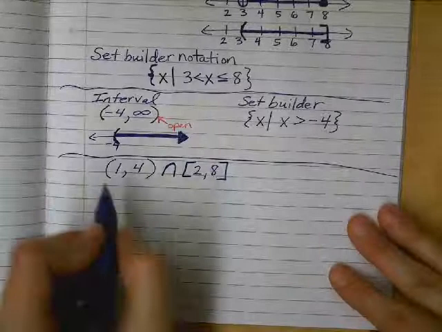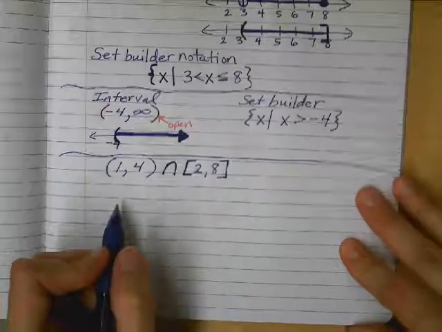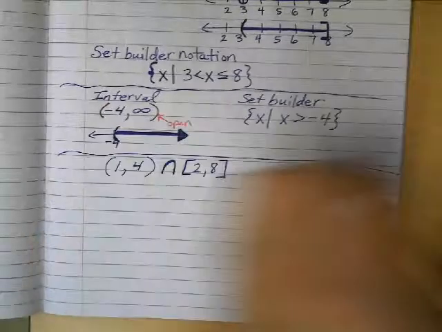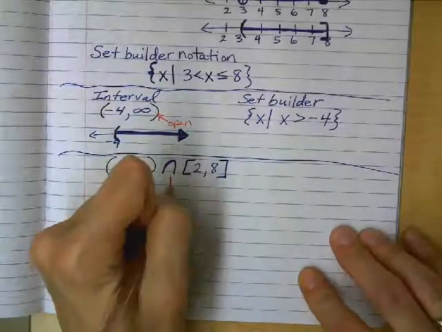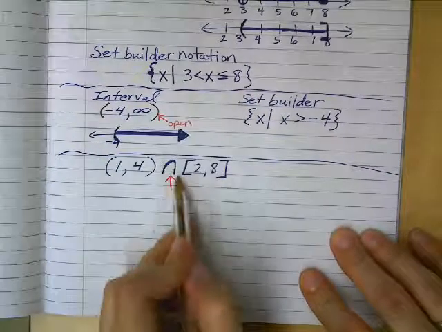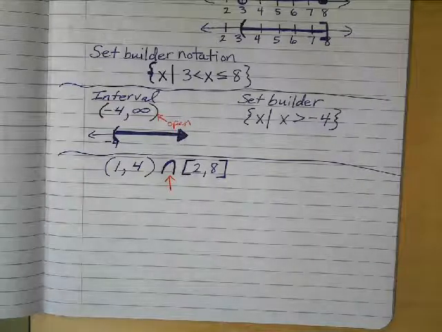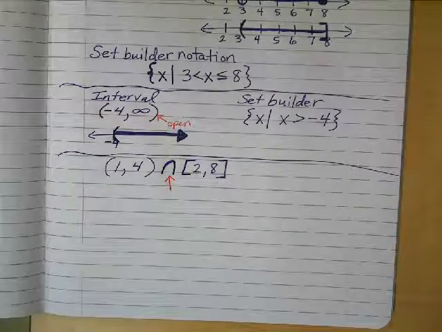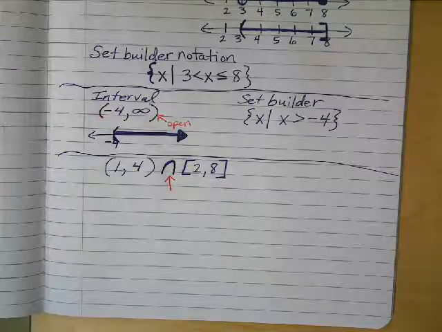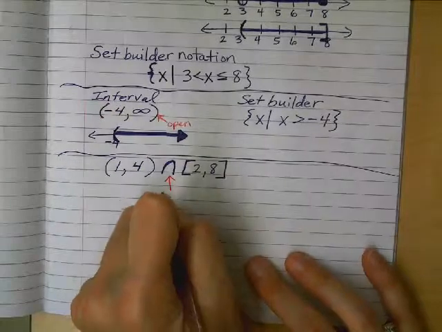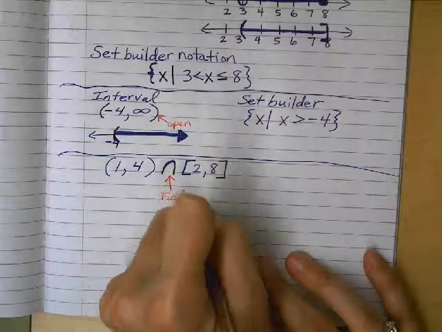All right, so how do we answer this? Well, this intersection thing, you have to remember what that means. Do you remember what intersect meant if you had 2 groups of things? Take out the ones that are the same. Yeah, it's like find what they have in common.